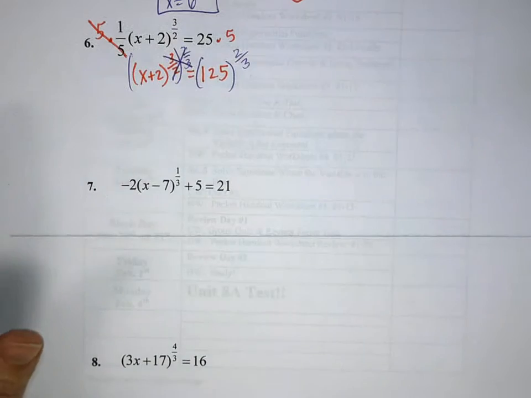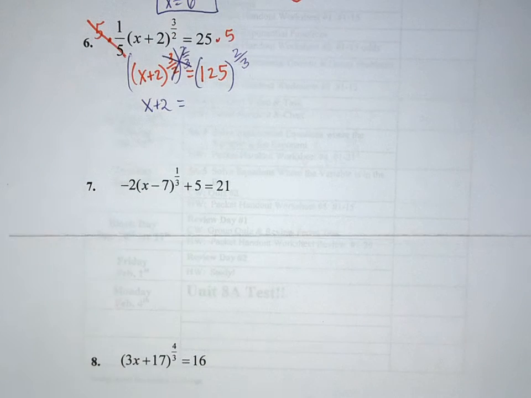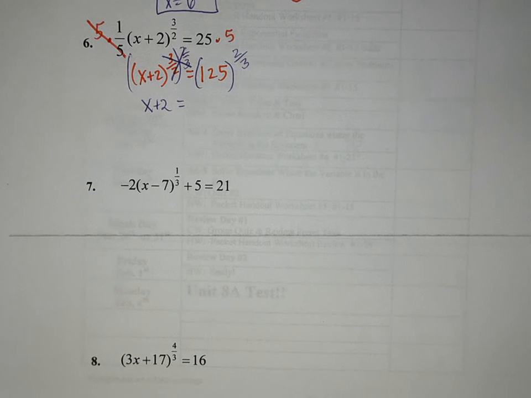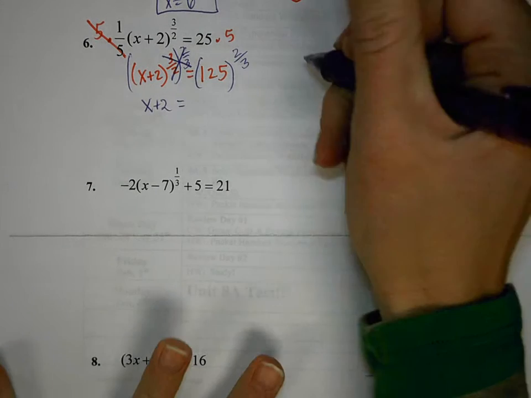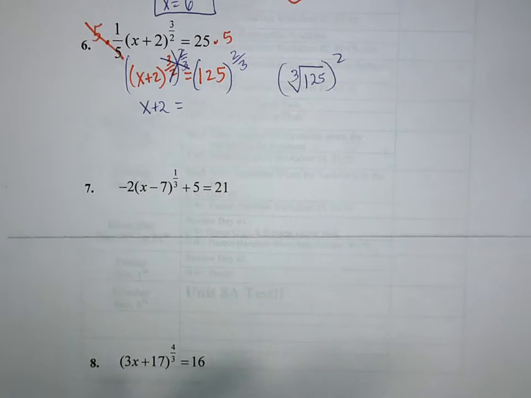These cancel. We have x plus 2 equals, how will I rewrite 125 to the 2/3 power? Cubed root of 125 squared. What's the cubed root of 125? It's 5.